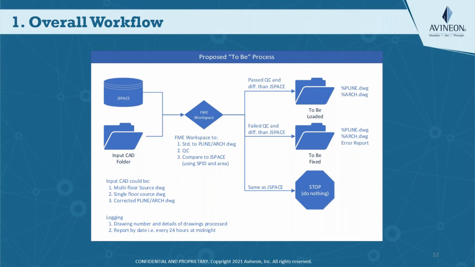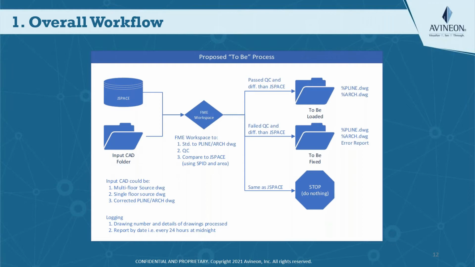If the drawings are standardized and they fail QC and they're different than the existing previous year's drawings, they're going to be dumped into a to be fixed folder. The idea here is they want to get the CAD techs to give that human touch to this. So if the data is ready to be loaded, they want somebody to review it prior to loading it, and then they can just load it very quickly right from within AutoCAD using CAD Integrator.